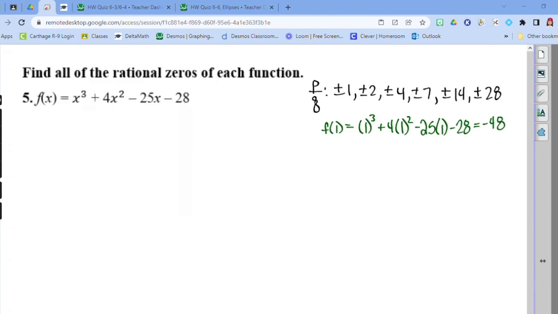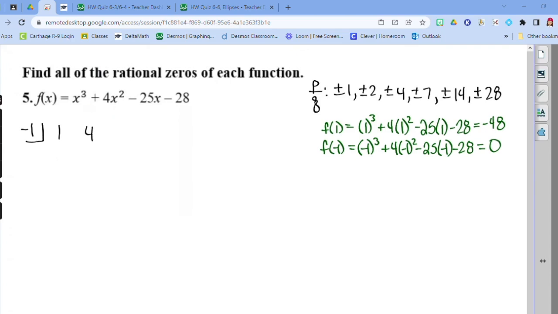So let's try negative 1. Negative 1 to the 3rd plus 4 times negative 1 squared minus 25 times negative 1 minus 28. This one gives me 0, so negative 1 is my first rational zero in the box.